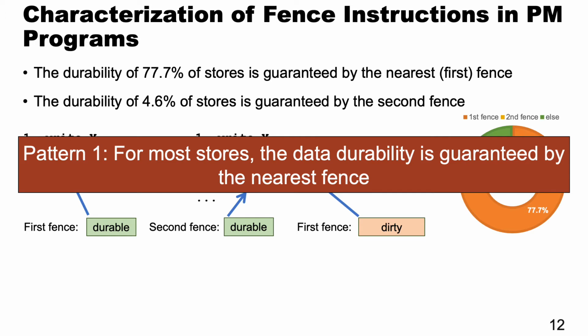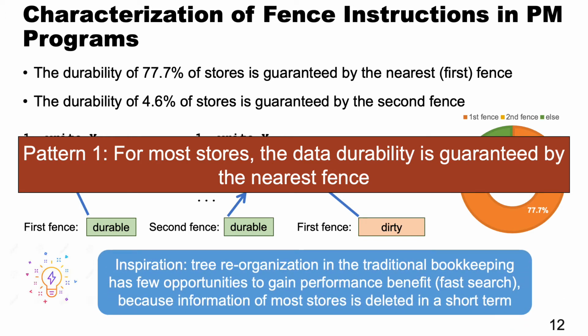For most stores, the data durability is guaranteed by the nearest fence. We can get inspiration from this pattern. Tree reorganization in the traditional bookkeeping has few opportunities to gain performance benefits, because the information of most stores is deleted in a short term.